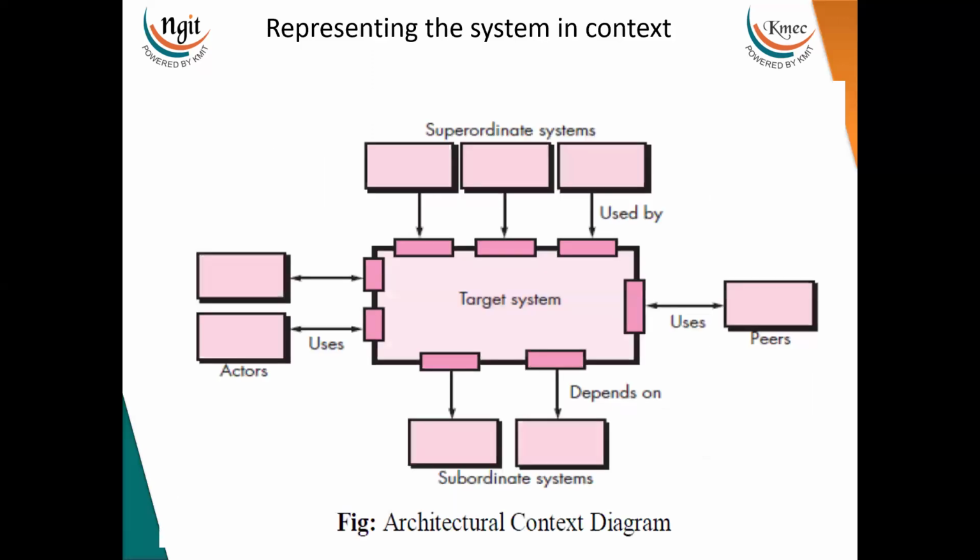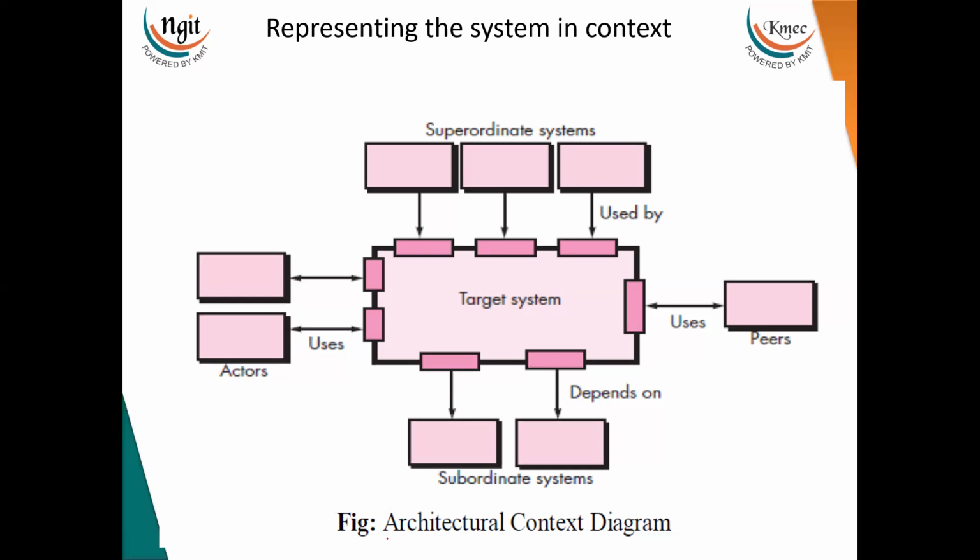So now you can see the architectural context diagram, which is ACD we say. At the architectural design level, a software architect will use this ACD, the architectural context diagram, to model the manner in which software interacts with external entities at its boundaries.